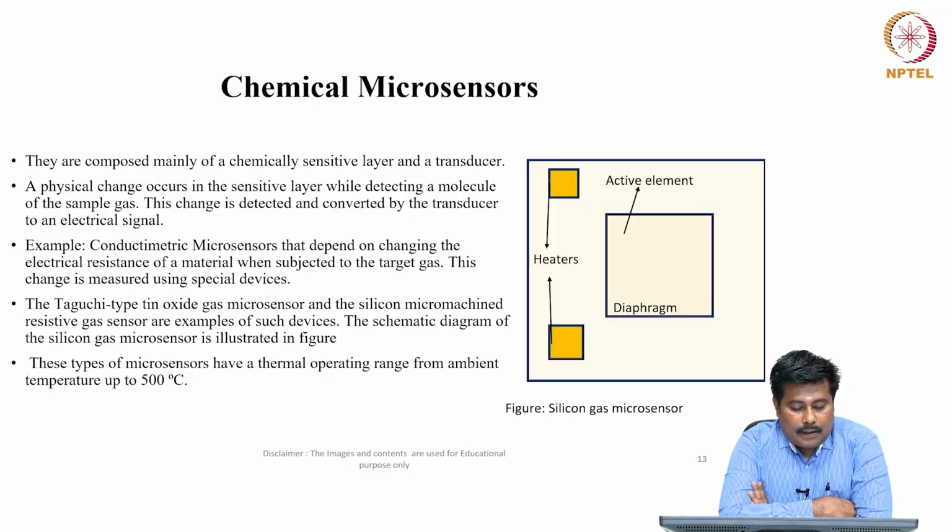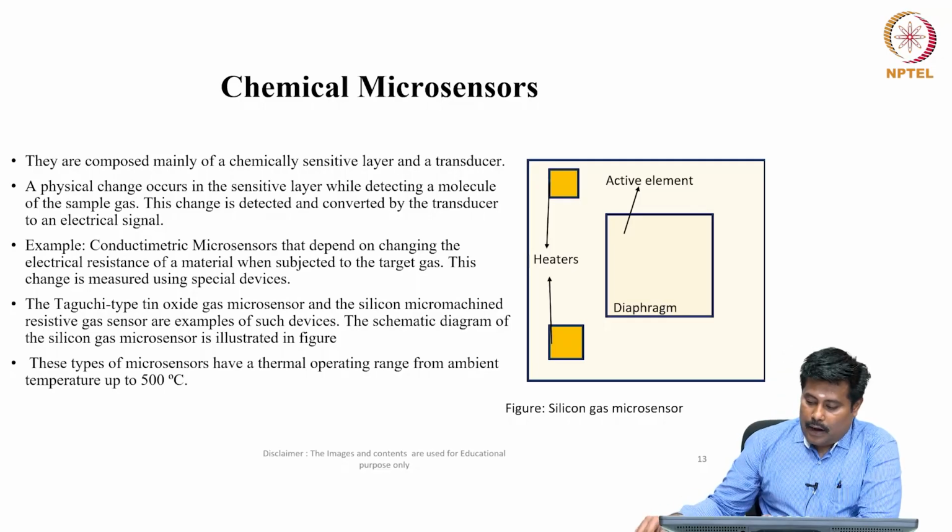For example, a conductimetric microsensor depends on changing the electrical resistance of a material when subjected to the target gas. This change is measured using a special device. A Taguchi type tin oxide gas microsensor and the silicon microemission resistive gas microsensor are examples of such devices.